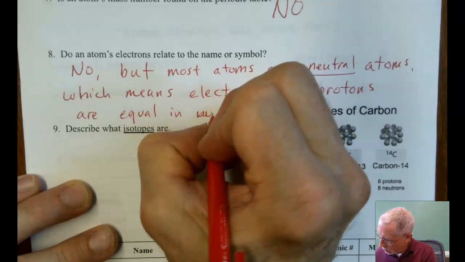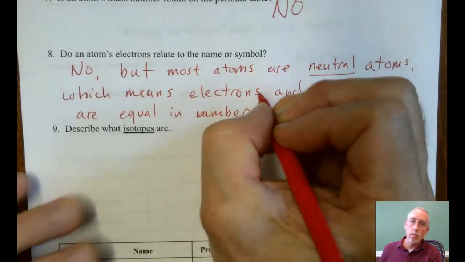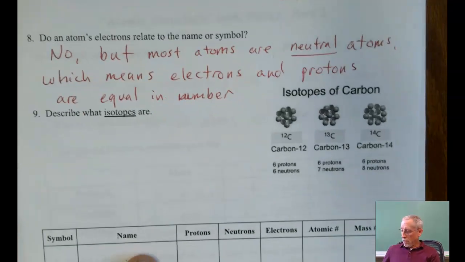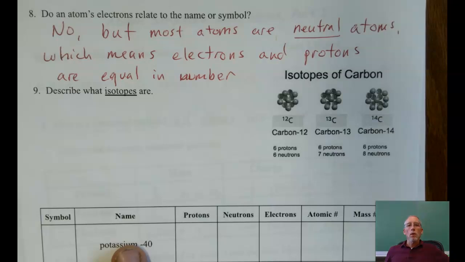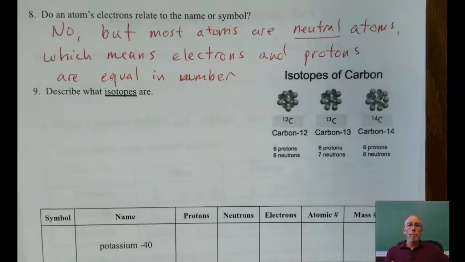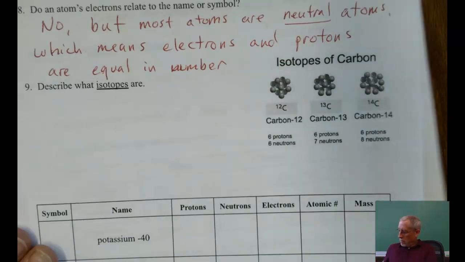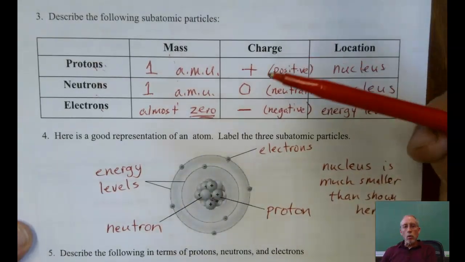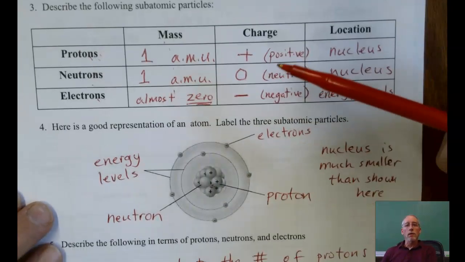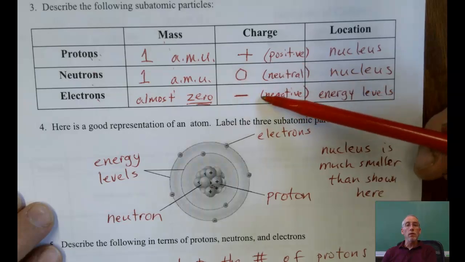Oops. Sometimes my pen gets ahead of my brain when I'm trying to talk. So neutral means that the protons and the electrons are equal in number. Let me go back one more time to page 1. Neutral means that you have as many positive charges as you have negative charges.